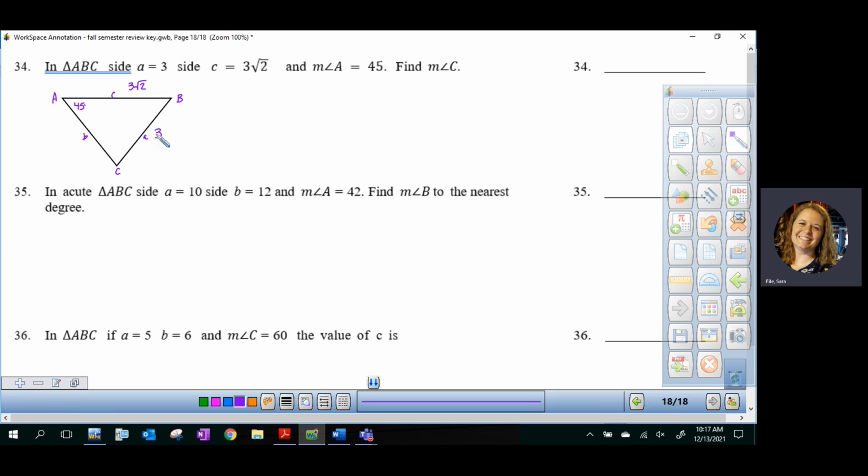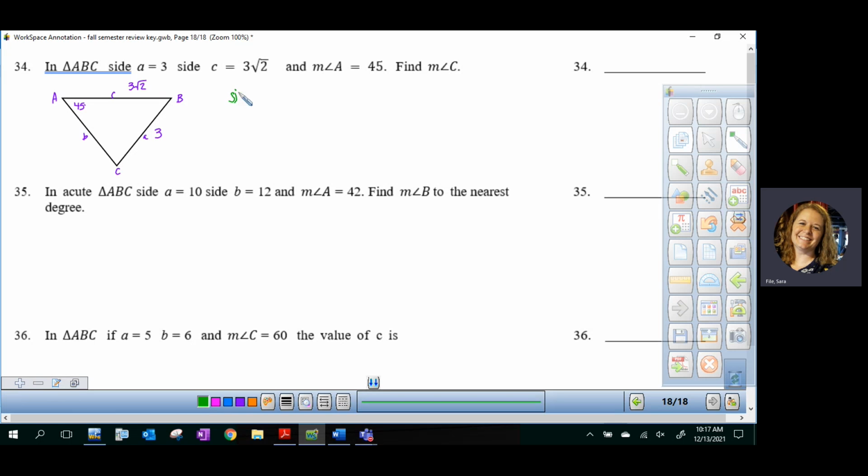They didn't tell us it was a right triangle, but across from a 45-degree angle is X, and then another side is X√2. Then this is going to be a 90-degree angle, and it's a 45, 45, 90. But most people are probably not going to catch that, so we're going to set up law of sines.